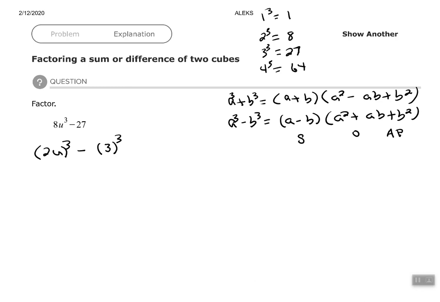Alright, so in this case, 2u is in the place of a if we're looking at our formula, and 3 is in the place of b, and we start off with minus.